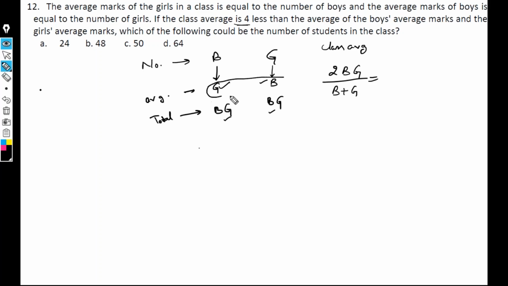So the average of these two is going to be straightaway B plus G divided by 2. So he says this value is 4 less than this. So minus 4 will be on the right hand side. So tell me guys, is this equation clear to all? If you have any doubt, do let me know.